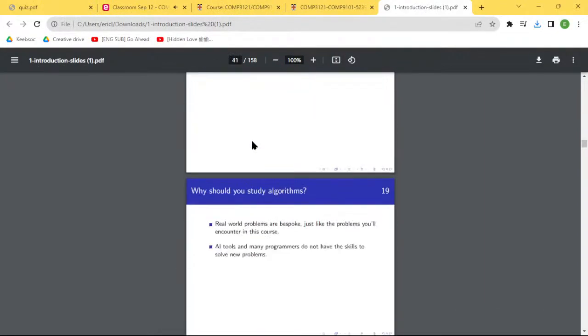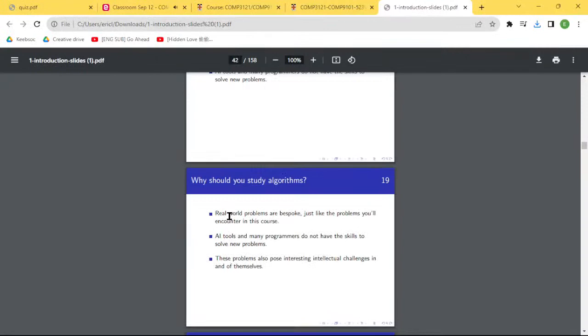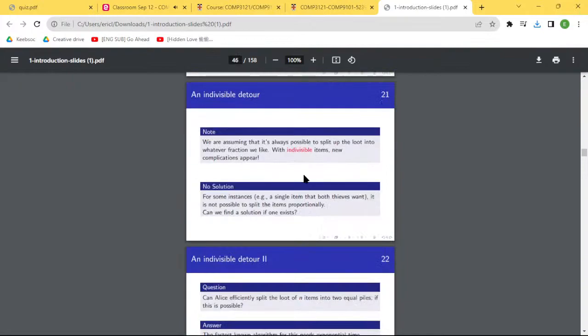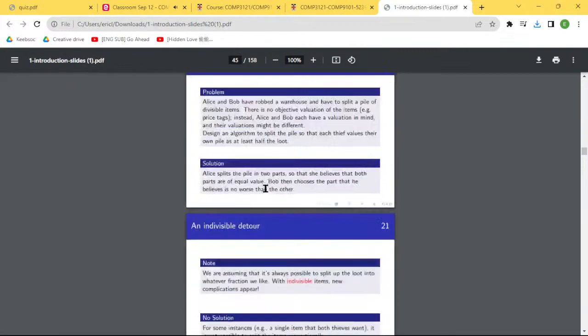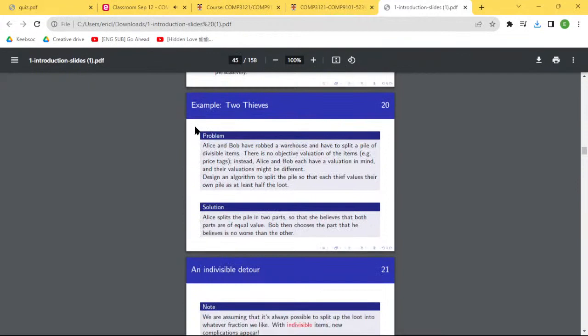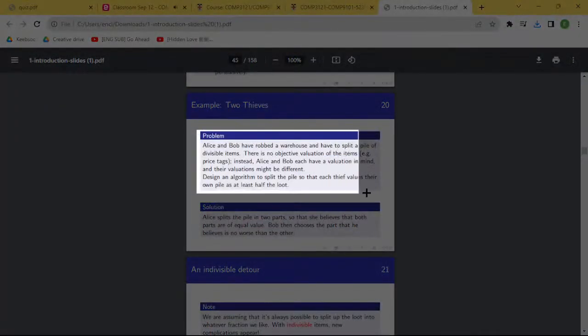No, makes sense. Why you should study algorithms of real world problems. Cool, real world problems, but we aren't even coding. We try. Okay, let's see.